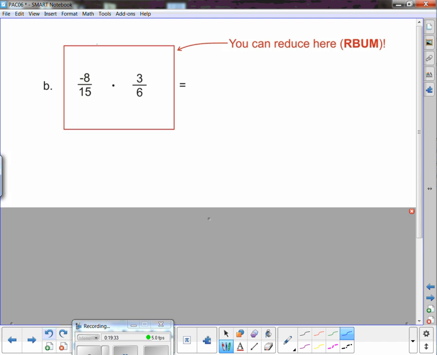All right, here's what we can do. We can factor this negative 8 into a negative 4 times 2. Would you agree that's a negative 8? Or you can do 2 times negative 4. That's fine. I'm going to factor this 15 into a 3 times 5.